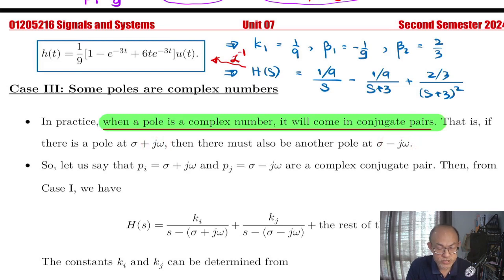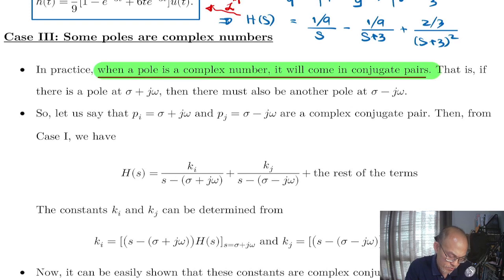These are called conjugate pairs. The imaginary parts are negative to each other, the signs are opposite.